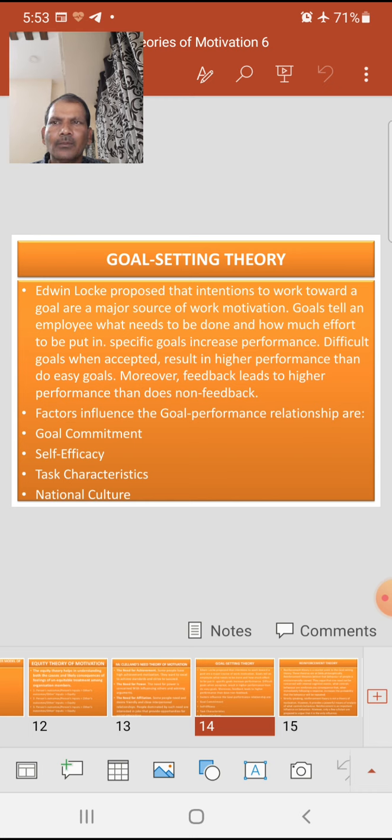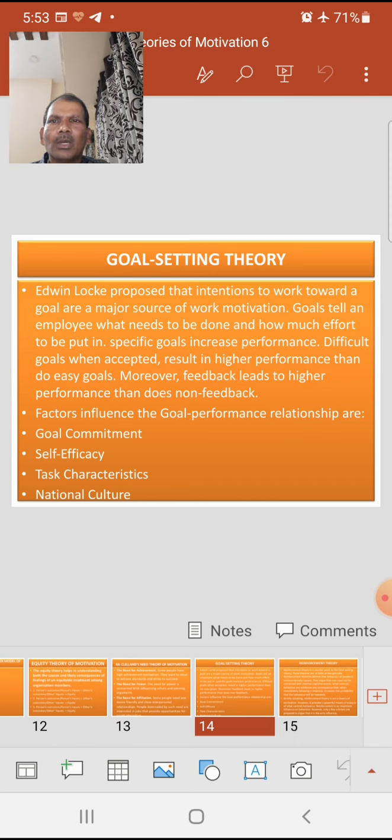If goals are arbitrarily assigned by their boss, people are basically committed to choices in which they have a part. A major advantage of participation may be increasing acceptance of the goal itself as a desirable one toward which to work. There are four factors which influence the goal-performance relationship.